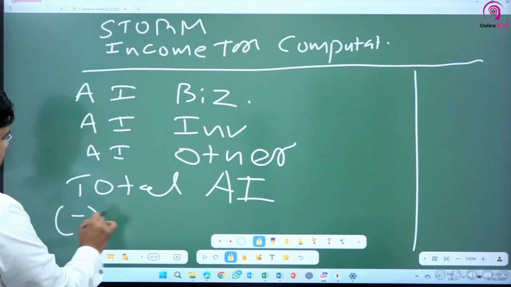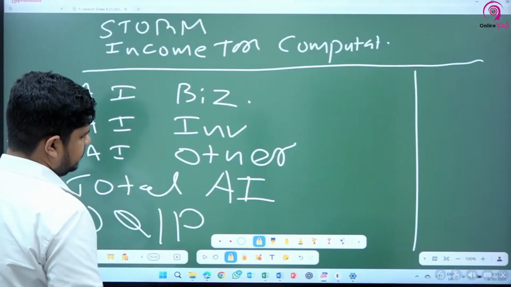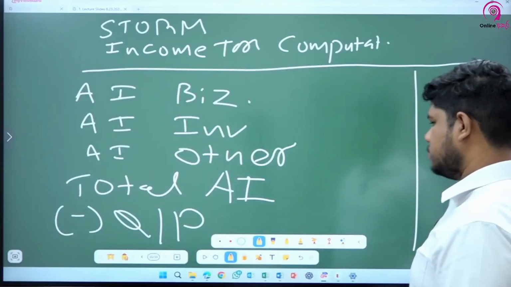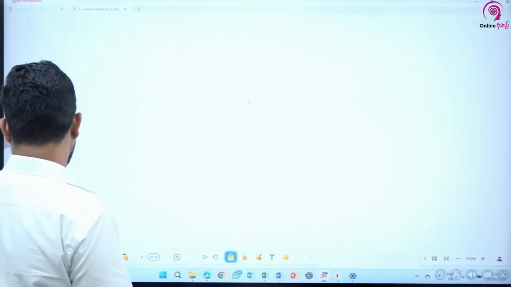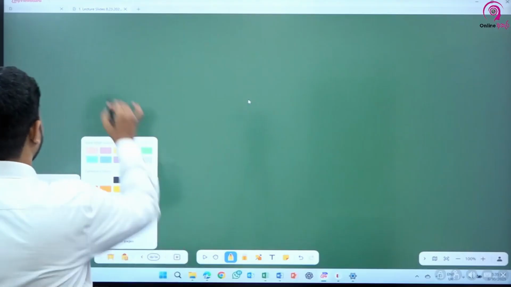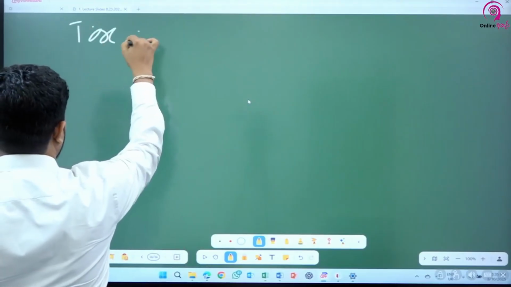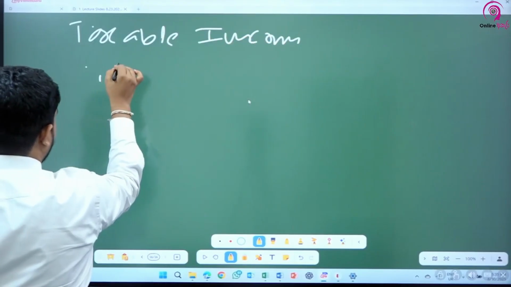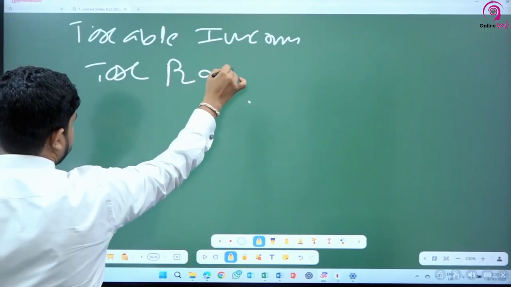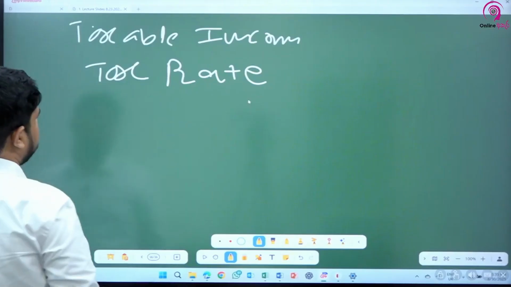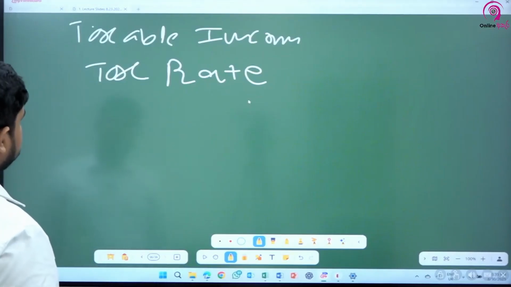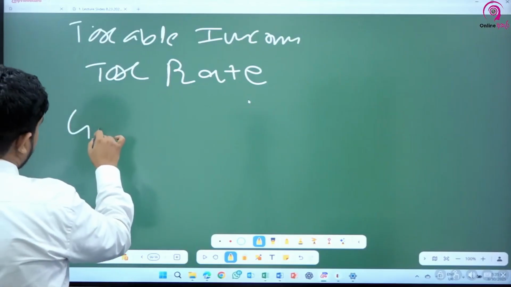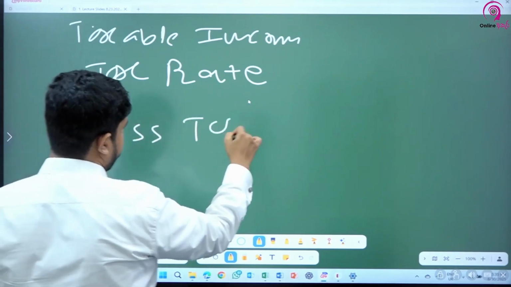Then less qualifying payment. Then it comes to taxable income. Then tax rate. Then gross tax liability.